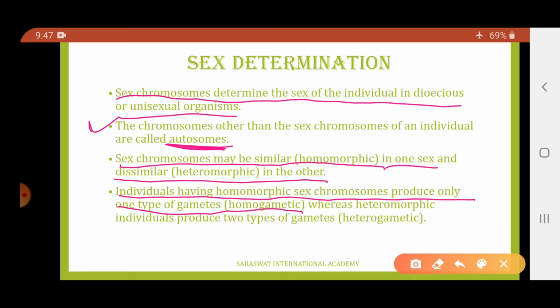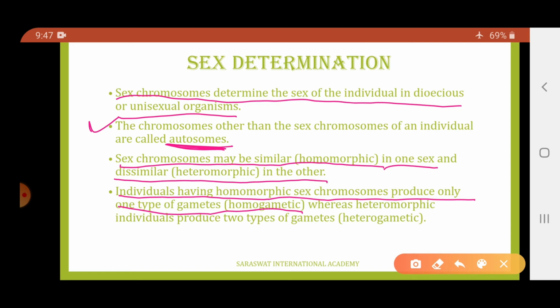Now, those individuals which are homomorphic of course will produce the same type of gametes. Again, in human beings females are XX. So, all the gametes produced by the females will contain only which chromosome? X chromosome. But when we consider the male, which has the constitution XY, 50% of the gametes will receive the X chromosome and 50% of the gametes receive which chromosome?